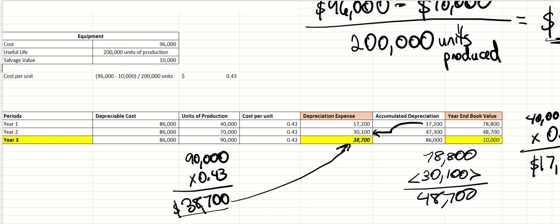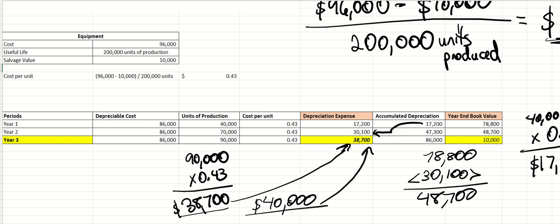Well, yes. Now, let's say that this $38,700 came out to be $40,000. Can we record $40,000 of depreciation expense instead of $38,700? The answer is no. At most we can record $38,700.